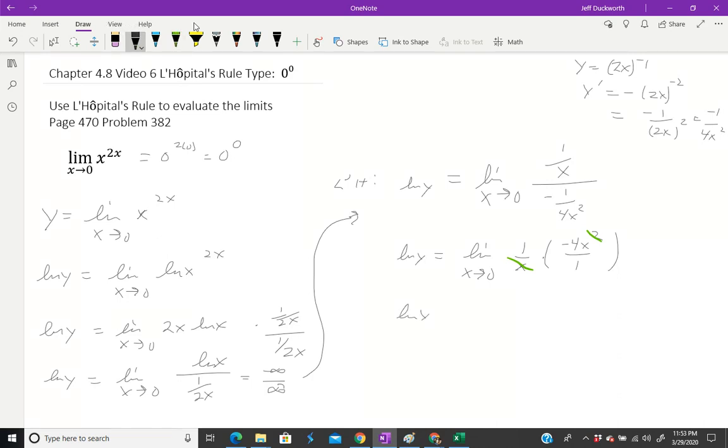So ln of y equals the limit as x approaches 0 of just negative 4x. So that means that ln of y equals 0. So again, if I do e on each side, I get y equals e to the 0, which is 1. So once again, our answer or our solution to this limit is also 1.